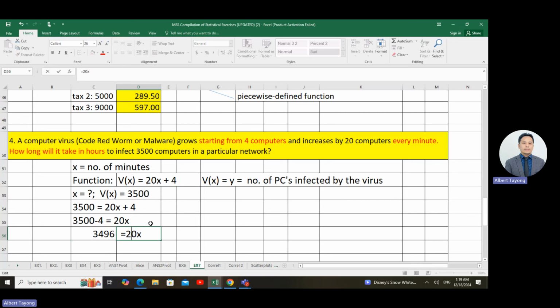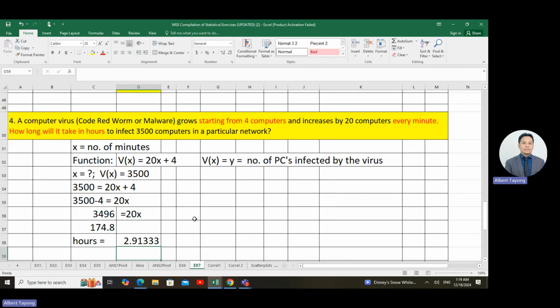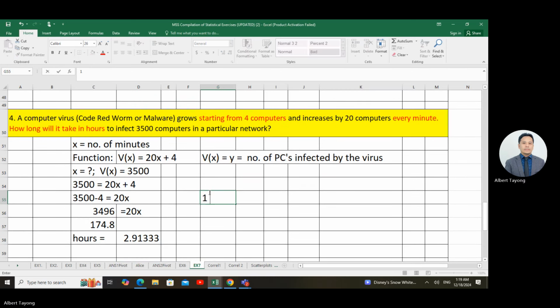Then we divide both sides by 20, equals this over 20, to solve for x. So in hours, we have to divide this by 60, because 1 hour equals 60 minutes. So it means 2.9 hours, almost 3 hours.